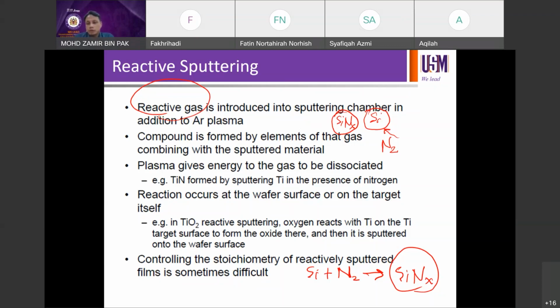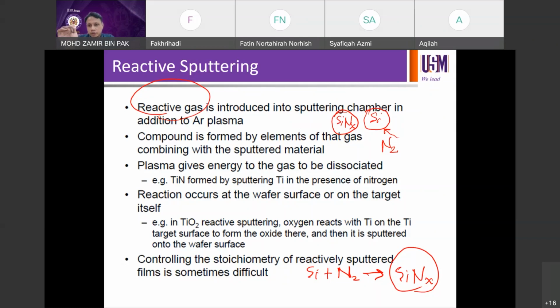So it goes down to what you want to have at the end of the day. What is the silicon nitride going to be used for? Then what are the properties that are crucial in the deposited layer that you want to have? It's not only restricted to silicon nitride, it can also be some other material or some other compound.